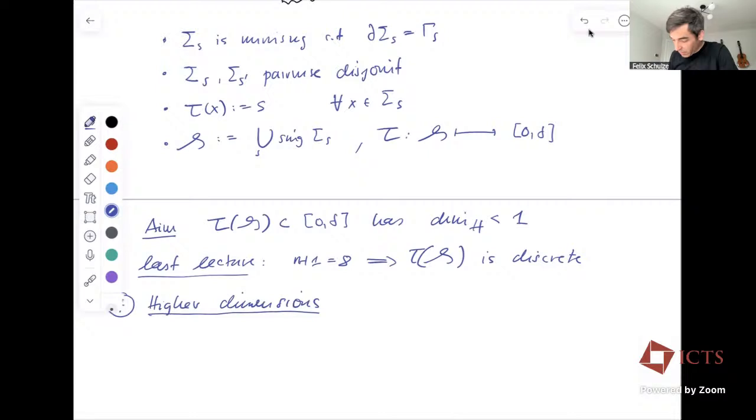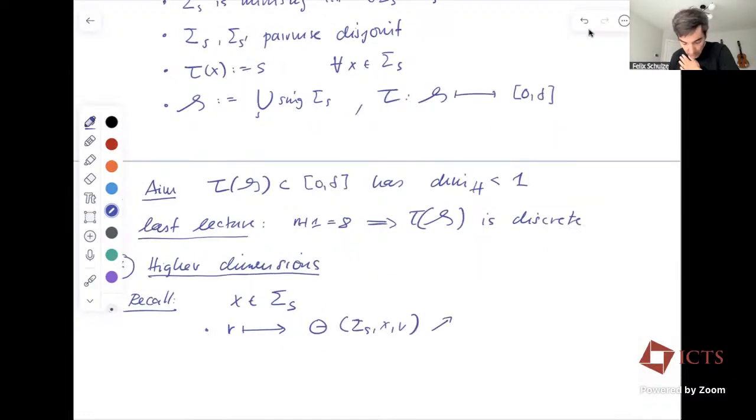Let's recall a few things we need there. We discussed them already in the last two lectures. Assume we have a point x in this area minimizer sigma s. What we of course know is that if we look at the area ratios, the map r to theta of sigma s, x, r, this is increasing in r. Remember, this was important here.